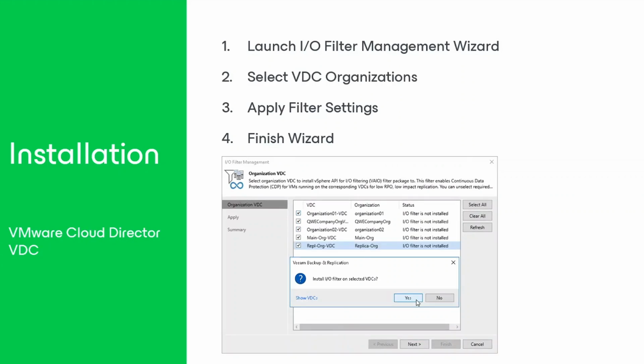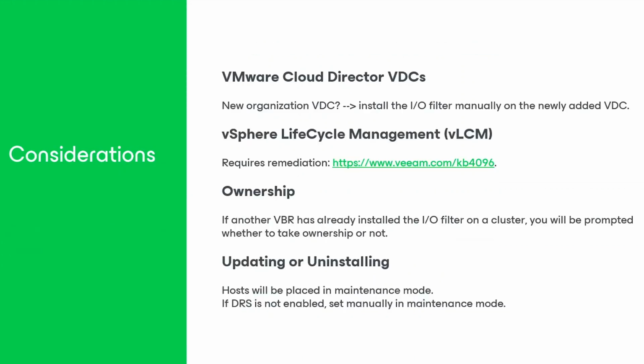If we look at VMware Cloud Director, the difference is that we don't see any clusters, but we select VDC organizations, because they might be spread across multiple clusters and multiple hosts. Therefore, we specify the VDC organization, and then it can automatically be deployed on the underlying clusters and hosts.